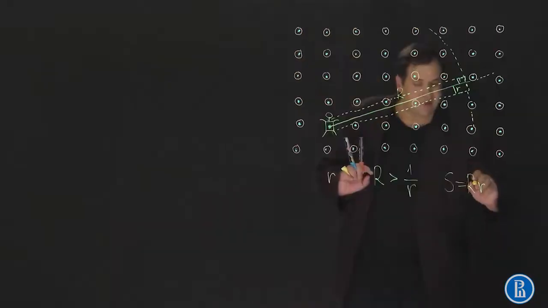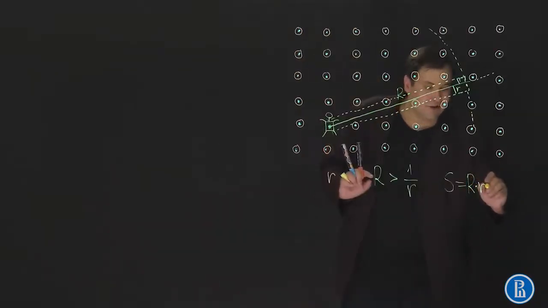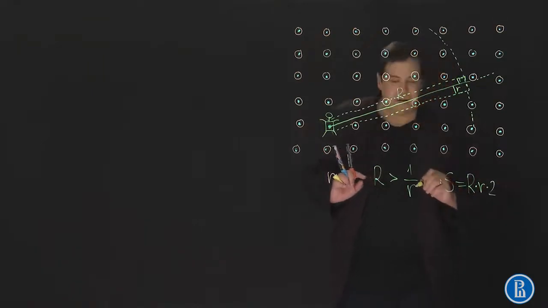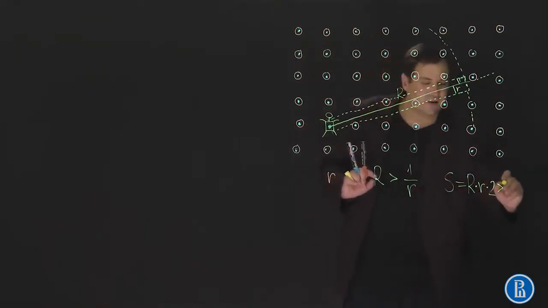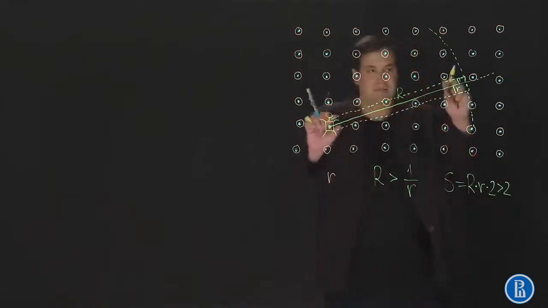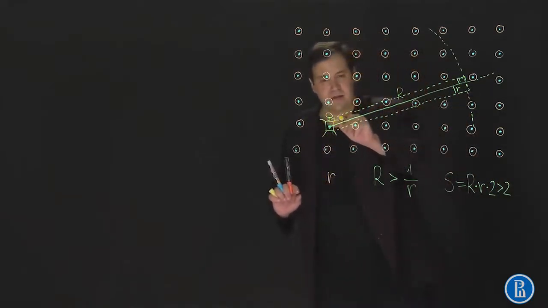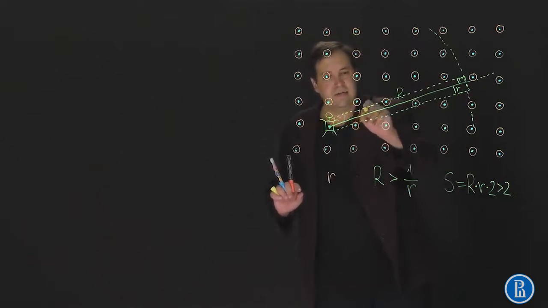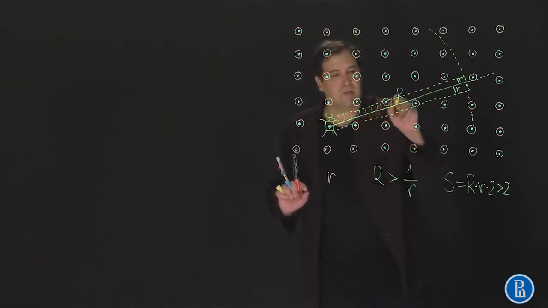So R multiplied by 2r, which is greater than 2. So we know that the area of this rectangle is greater than 2.